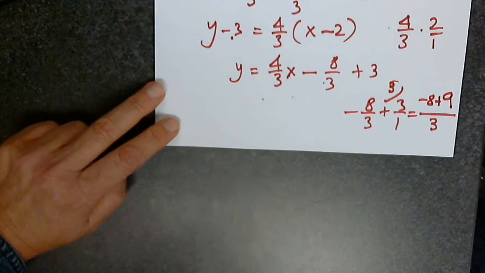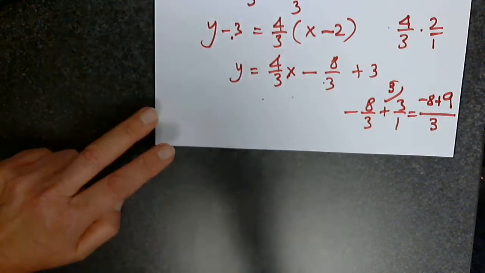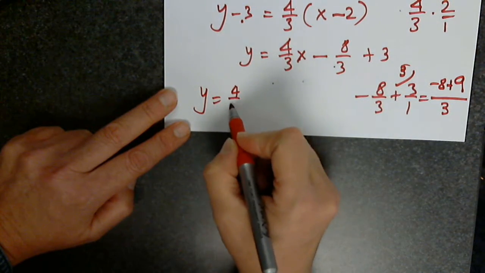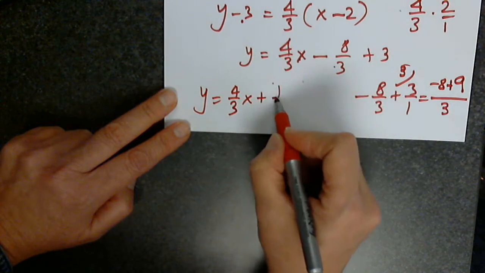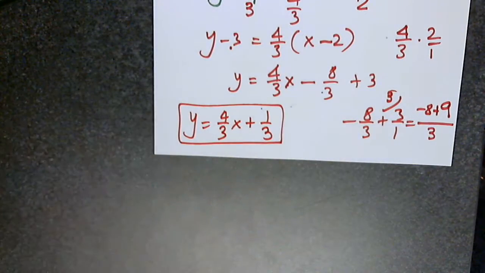Good. -8 plus 9 is 1/3. So then y equals 4/3 x plus 1/3. This is the equation of the line that passes through the given points. Okay, now why all this? Here's the answer. Page 225.